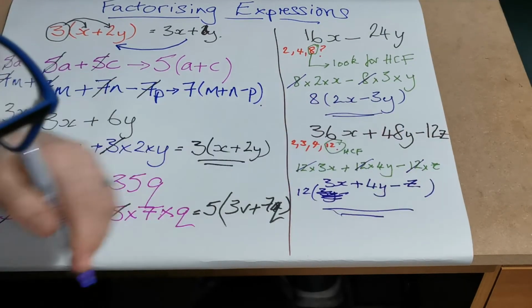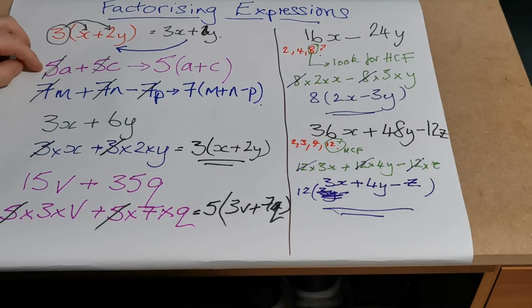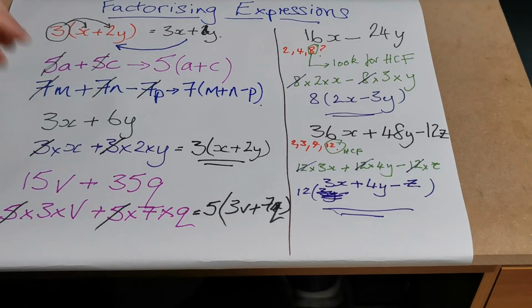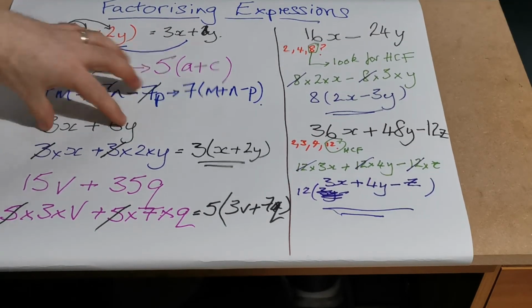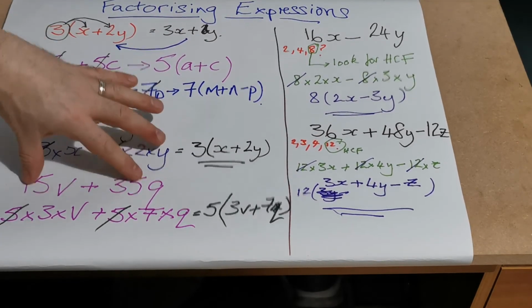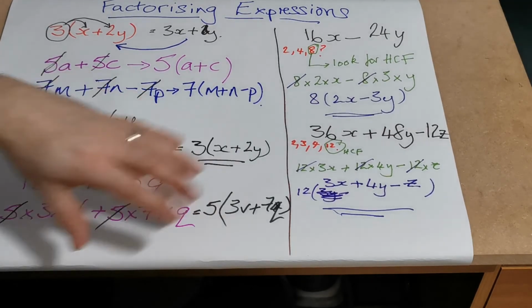And that's it. So look for common factors. Sometimes they're dead easy. Other times you're going to need to work out which times tables the terms are in. These two were both in the 3 times table, so it was 3 that was the key thing we were looking for. These were both in the 5 times table, so it was the 5 that was the key thing we were looking for.